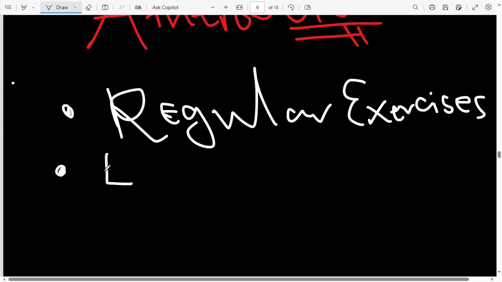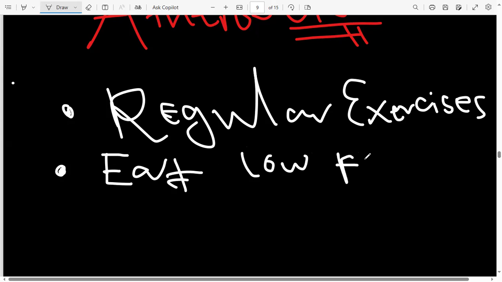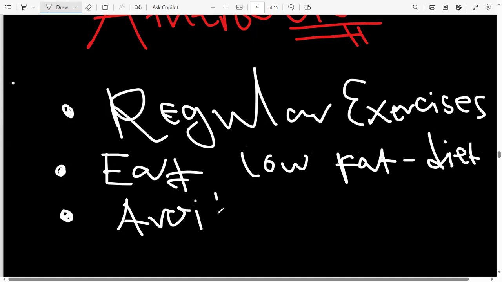Another one is to eat a low-fat diet. Make sure the food you eat does not contain a lot of fats. And the third one, you avoid smoking. If you smoke a lot and also eat a lot of these fats, it will be a problem for you.